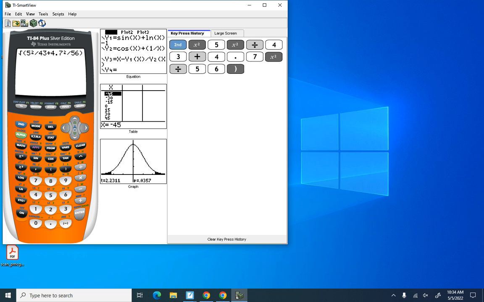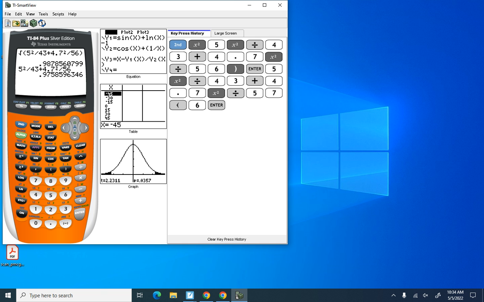Close your parenthesis out. Your calculator will follow orders of operations. Hit enter. We get 0.987. And once again, you could do this separately if you want to take 5 squared divided by 43 and add to that 4.7 squared divided by 56. You get a value, then you take the square root of that answer.